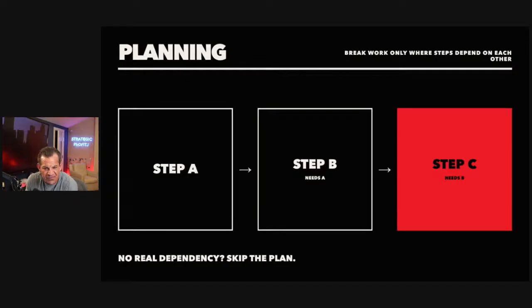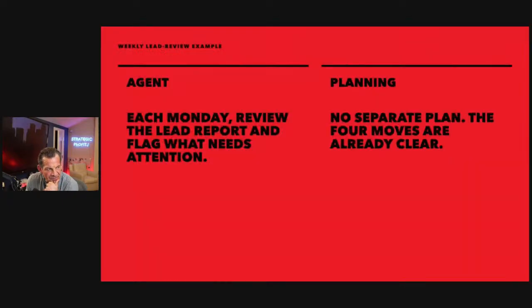If the job is 4 obvious moves with no branching, do not add a planning ritual just to make it sound agentic. In a weekly review kind of example, the continuing goal is clear, but the work does not need a separate plan. The steps are already obvious. Each Monday, review the lead report and flag what needs attention, right? It's obvious.